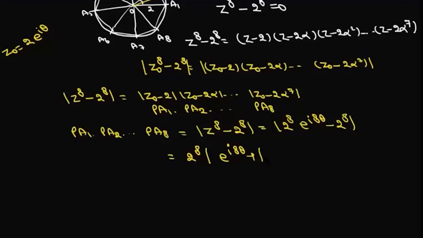Now here we'll take e to the power iota 4 theta common, so we can write 2 to the power 8 mod of e to the power iota 4 theta, and here will be e to the power iota 4 theta minus e to the power minus iota 4 theta. Now we know that mod of z1 z2 is mod of z1 into mod of z2.